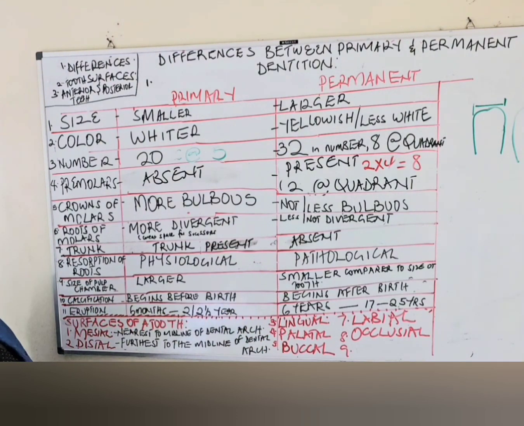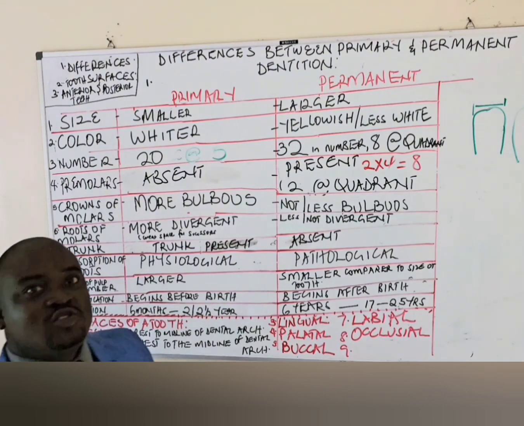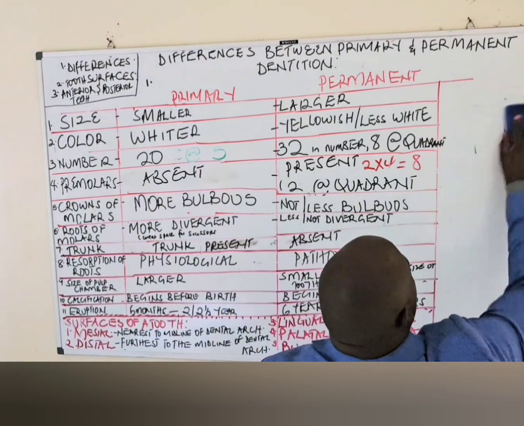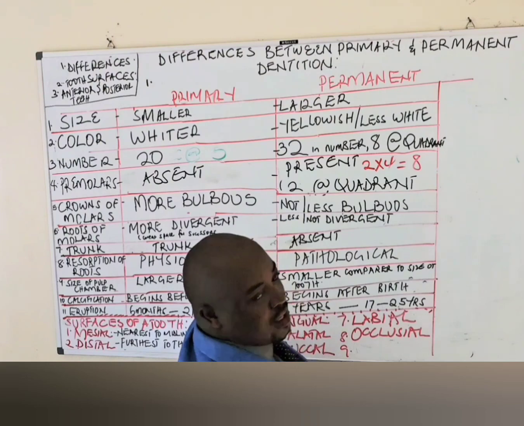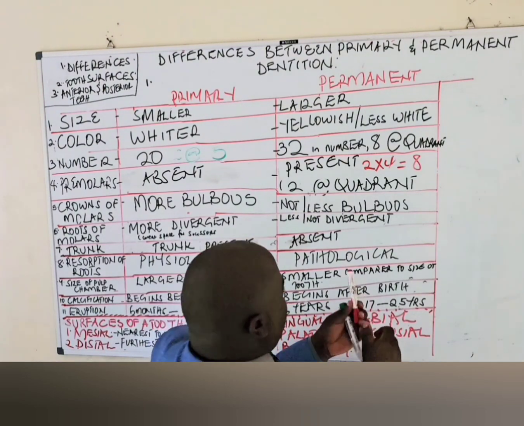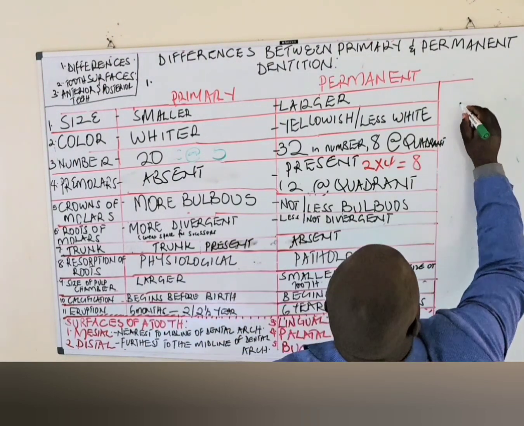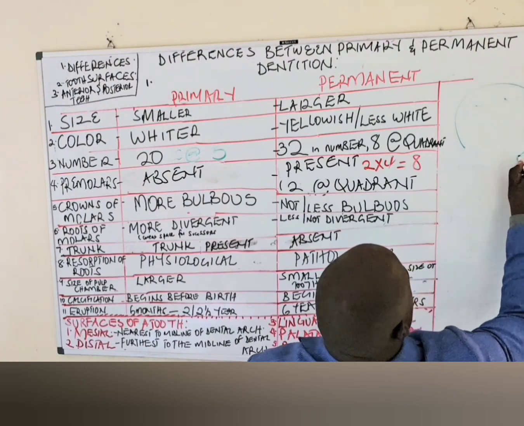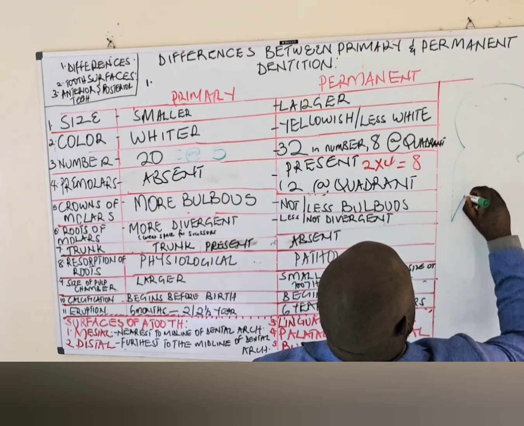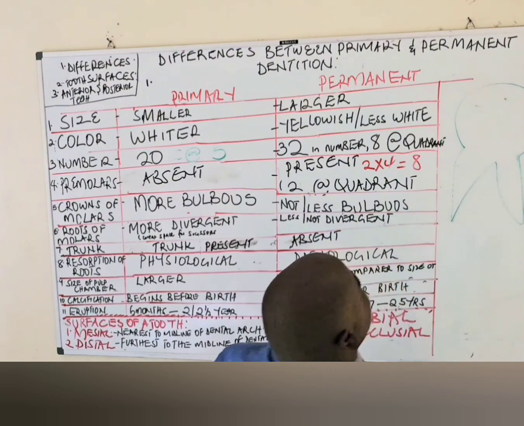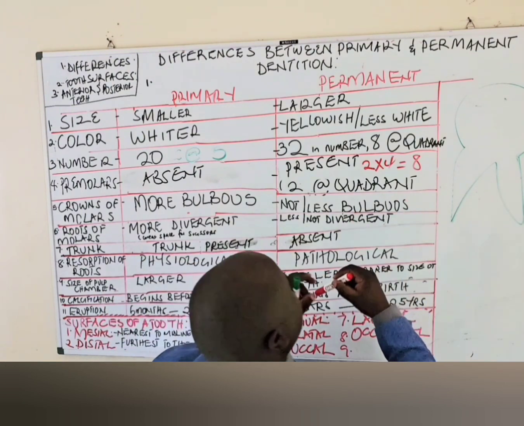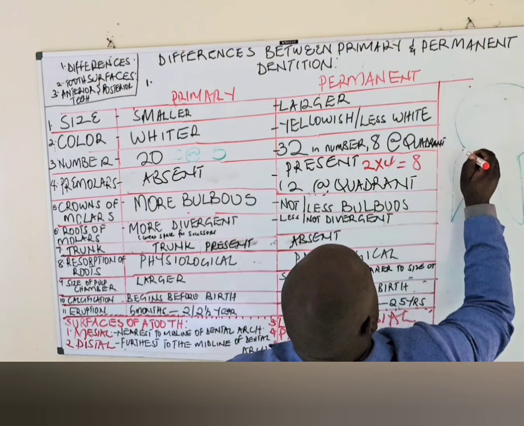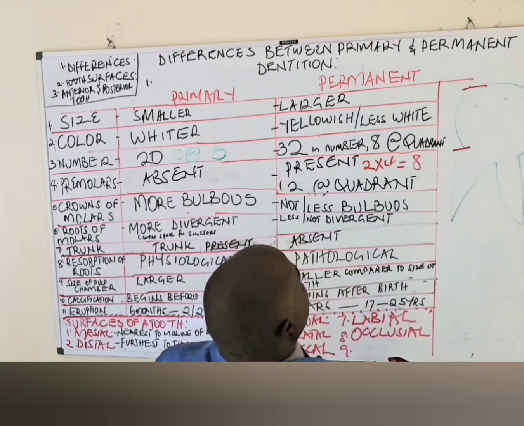The crown. If you remember the anatomy of a tooth, we said we have 2 major parts. This is the top part, from here to here. This is the crown.